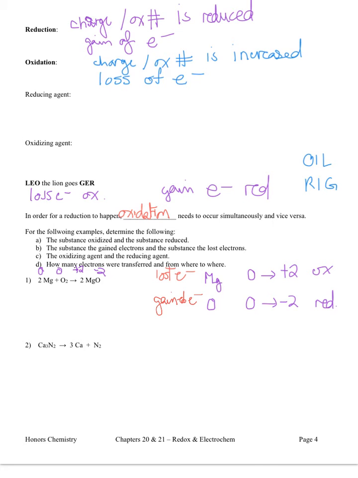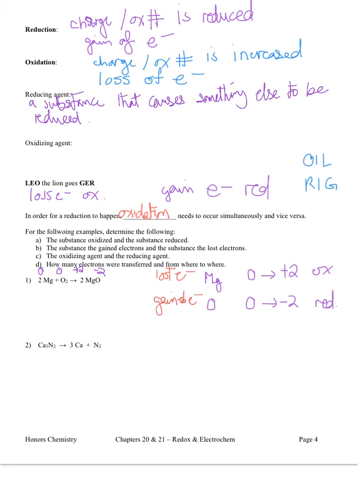Let's write that down. So a reducing agent is a substance that causes reduction or causes something else to be reduced. So it causes something else to gain electrons, to be reduced.